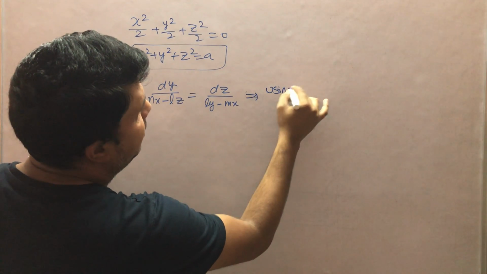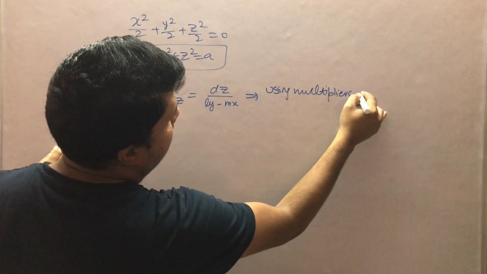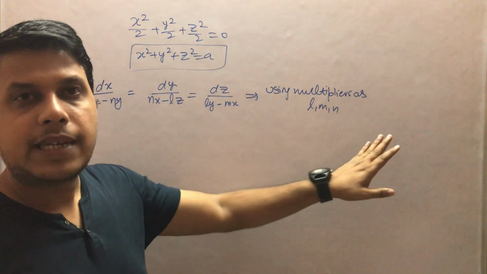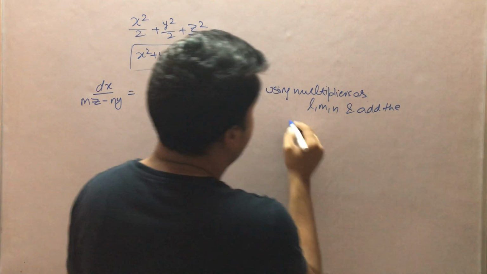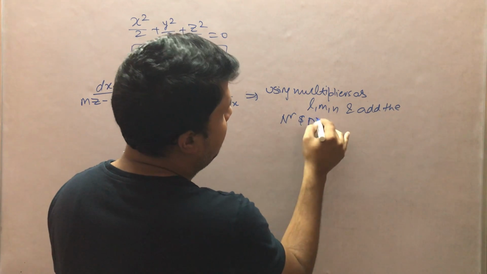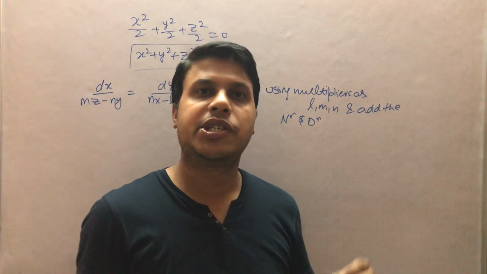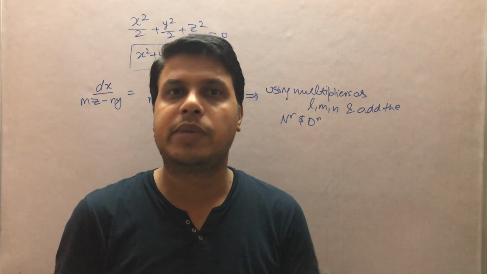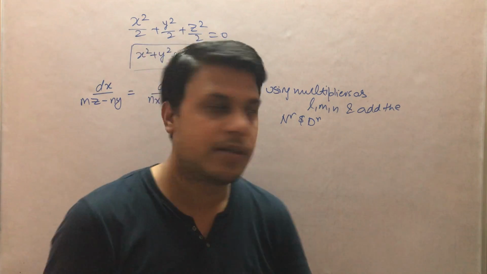So using multipliers L, M, N, and adding the denominator and numerator. Whatever operation you do in the denominator, the same operation will definitely be done in the numerator side, because only then will the equation be balanced.